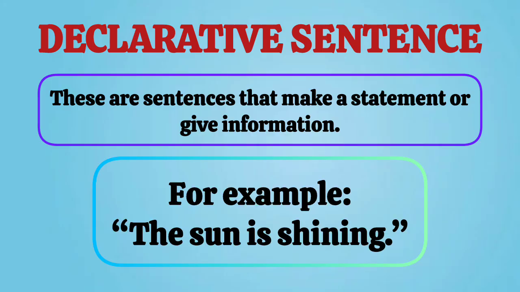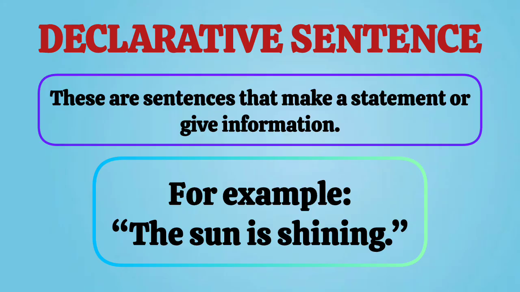First up, let's talk about the most common type, the declarative sentence. These are sentences that make a statement or give information. For example, the sun is shining.